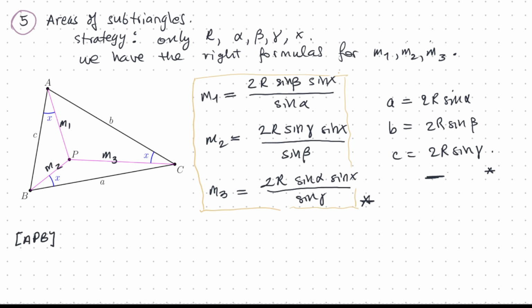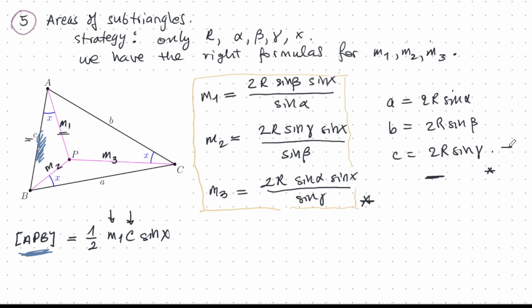All right, let's find the area of triangle APB. I'll color code that blue over here, this one. Well, I can use that cross product area rule. So it's 1/2 M1 times c, and the angle in between them is x, so that's sine x. And what I need to do here is eliminate M1 and eliminate c.